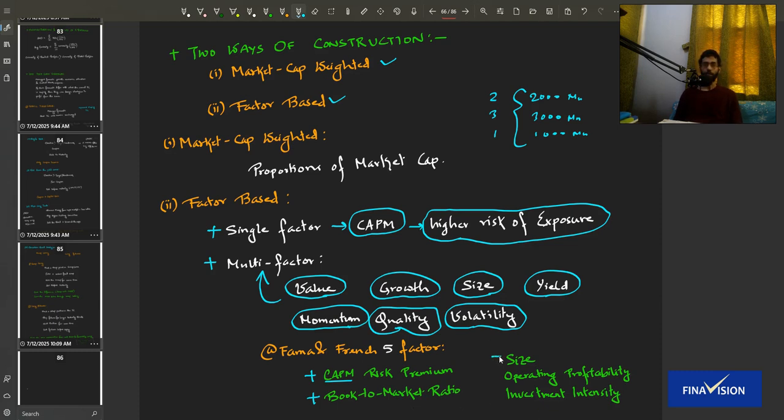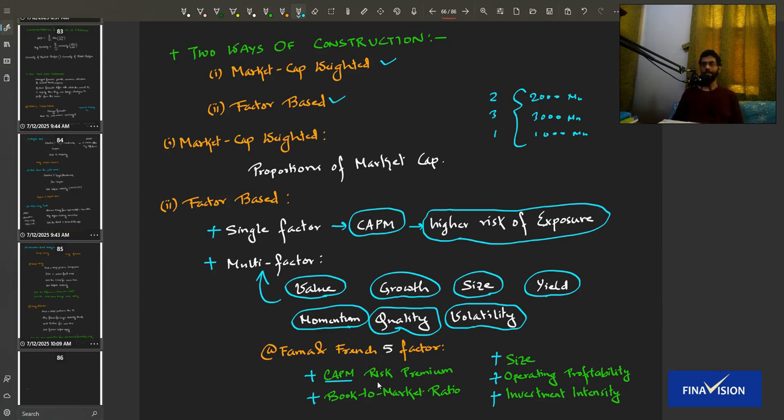Then there is size factor. Fama French has a small cap orientation. So a positive sensitivity and a high value of sensitivity generally means that it is small cap, the portfolio or the strategy is small cap oriented. Then operating profitability, and then investment intensity. The operating profitability is the measure of a company's robustness or its weakness.